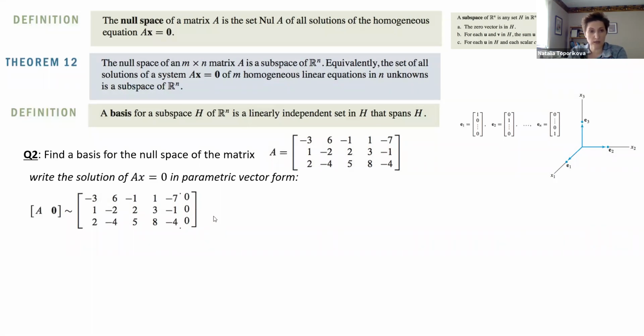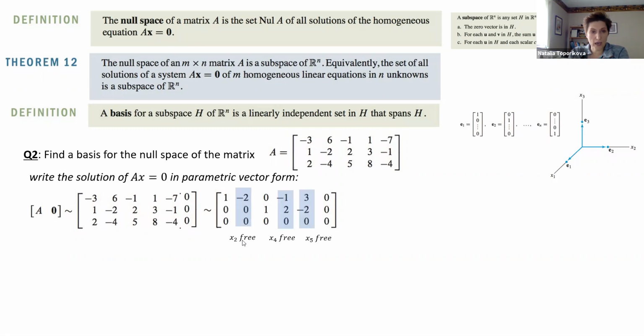Let's reduce our matrix to echelon form because that's the easiest way to find the solution. And this is a really good case because look, we have 3 free variables. The columns 2, 4, and 5 are missing pivot positions, which means that they are free variables. So we can write down our solutions in terms of free variables, which is x1 in terms of 3 variables and x3 in terms of 3 variables.